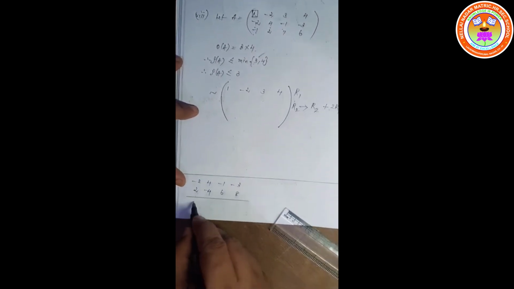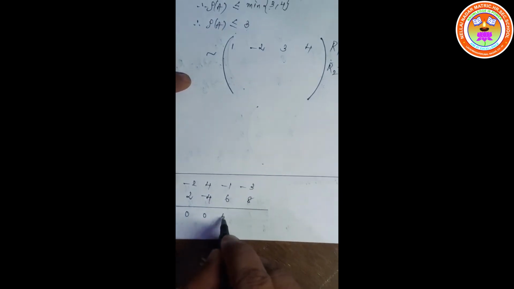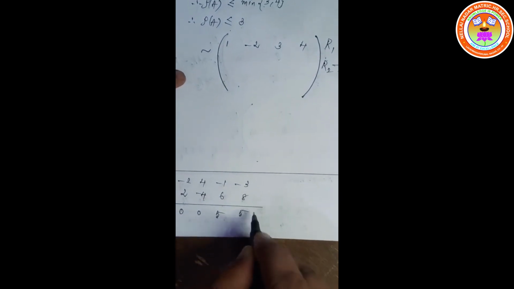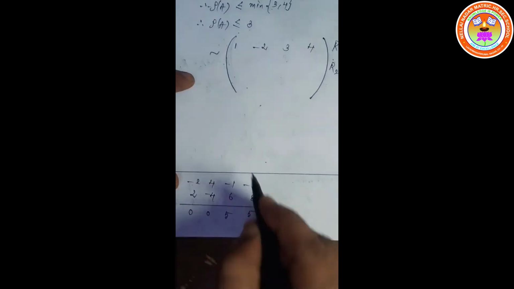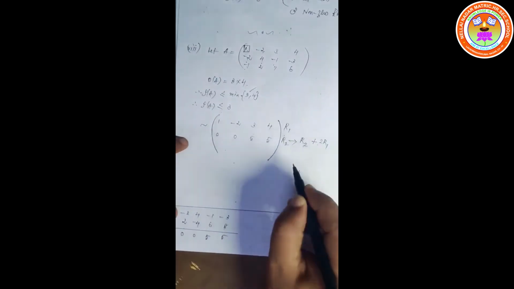Now minus 2 plus 2 is 0, 4 minus 4 is 0, minus 1 plus 6 is 5, minus 3 plus 8 is also 5. So 0, 0, 5, 5 right over here.